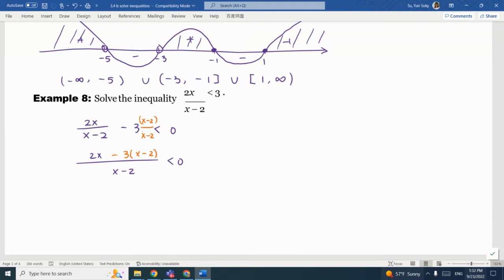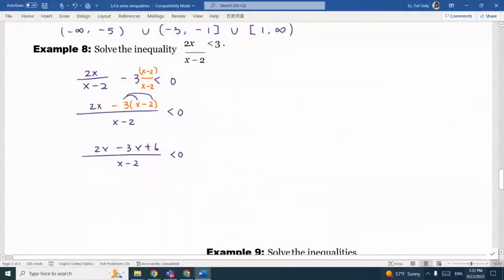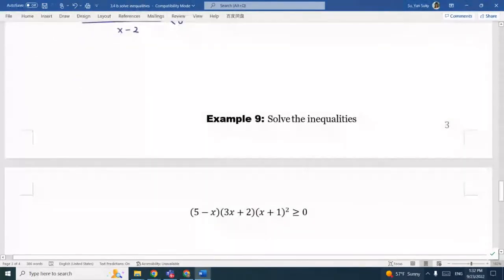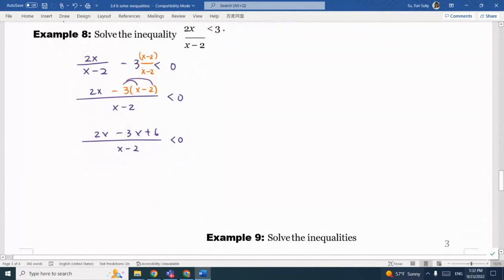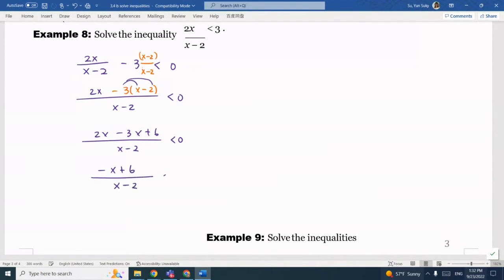Okay, so what's the left hand side? When we distribute, what do we get? Yeah, good. Okay, awesome. Combine the like terms. So 2x minus 3x is -x, plus 6, over x minus 2, less than 0.